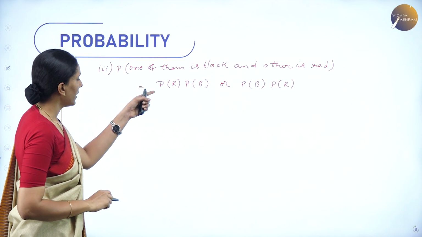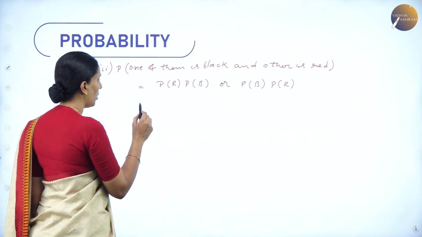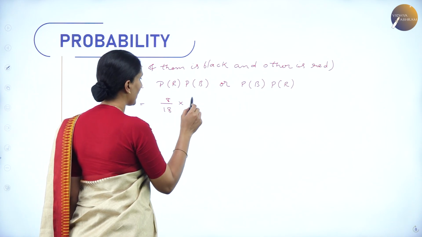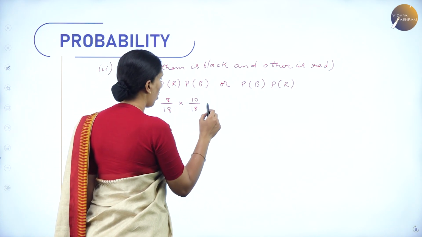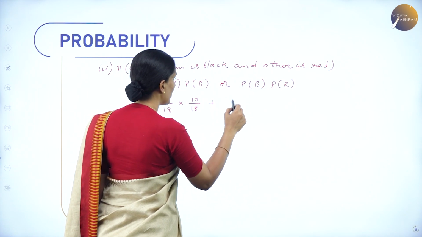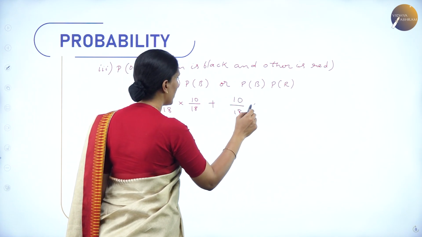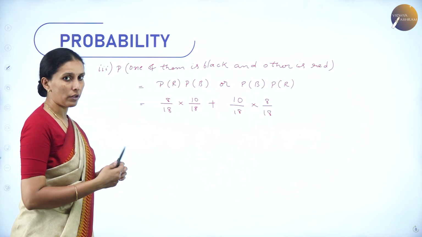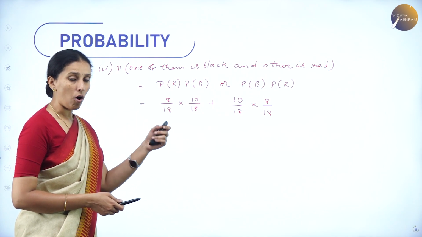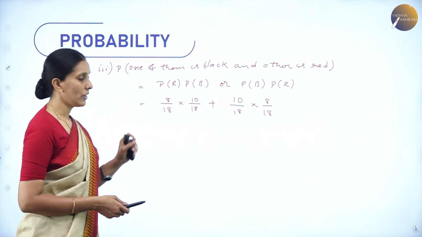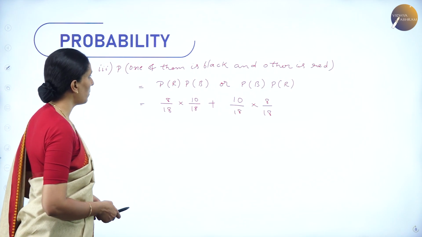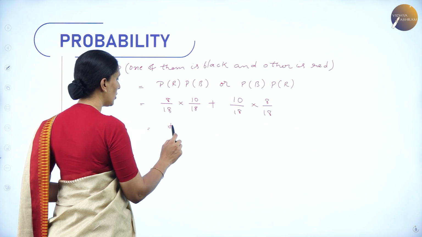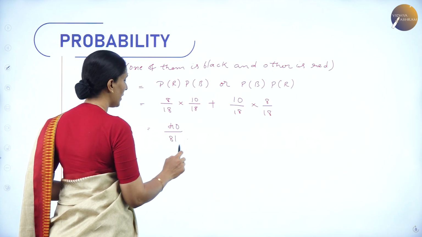So here we need to calculate the probability of red ball, which is 8 by 18, and probability of black is 10 by 18, or means plus, probability of black 10 by 18 into 8 by 18. So it can happen in one of the ways, either red or black, or either black or red. Therefore, this is the total probability of the given condition. On simplification, the value will be 40 divided by 81.